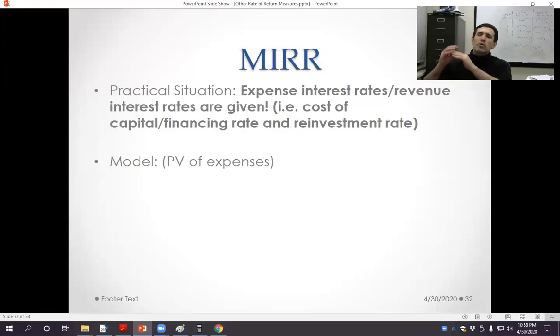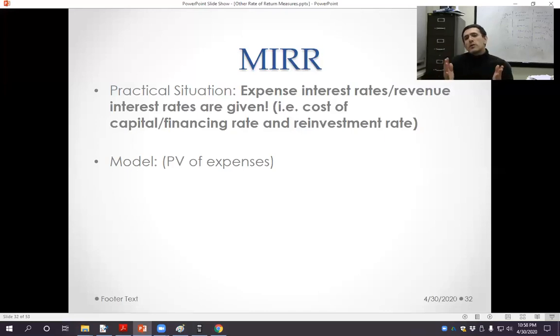So you have the present value of expenses, and we've explained this before in terms of rent. If you want to set aside money for rent, in the sense that you keep money in some account at some interest rate, and you only withdraw when you need to make rent payments, otherwise you leave the money in.